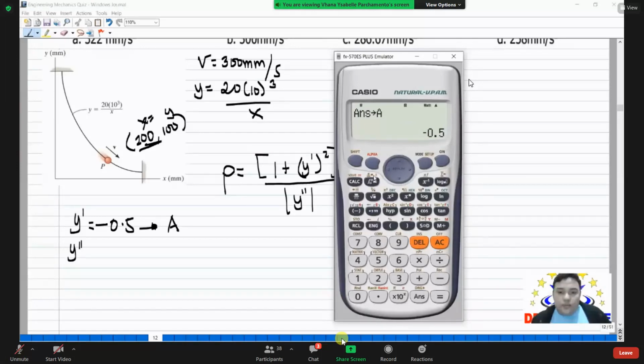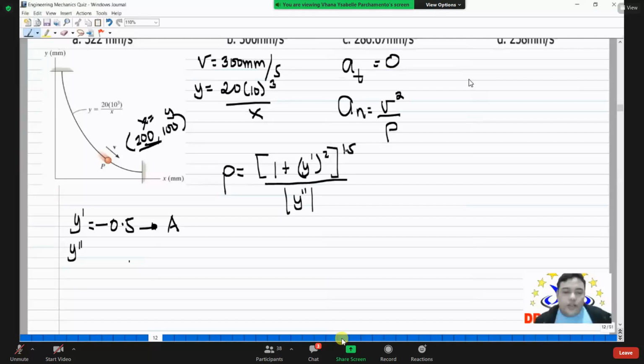Then yung b. So b minus a tayo. B minus a all over yung plinas natin. That is the y double prime. So apat na 0 tapos 1. So that is 5 times 10 raised to negative 3.